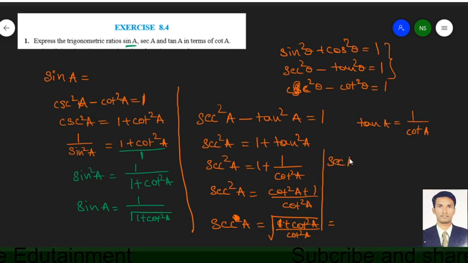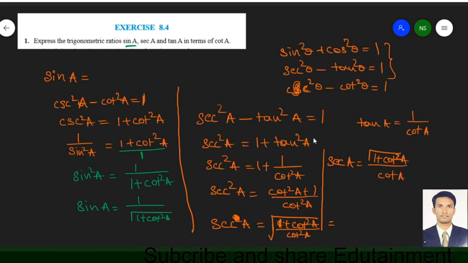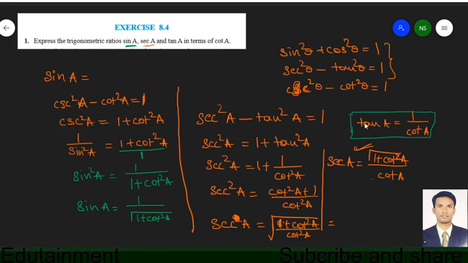So secant A is equals to square root of 1 plus cot square A divided by cot A. And now we represented secant A in terms of cot A here. Okay, now we need to write tan A in terms of cot A. Already we wrote it here. Tan A is equals to 1 by cot A. Okay, let's move to next question.